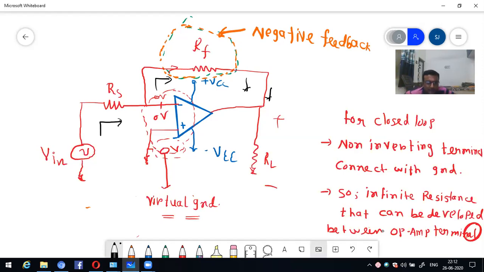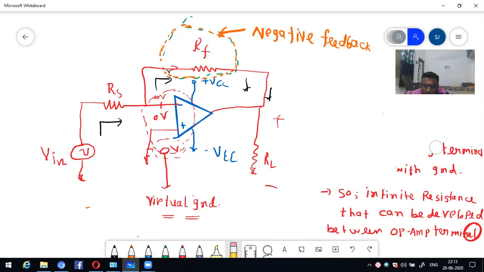Now apply the concept of Kirchhoff voltage law to the input loop.